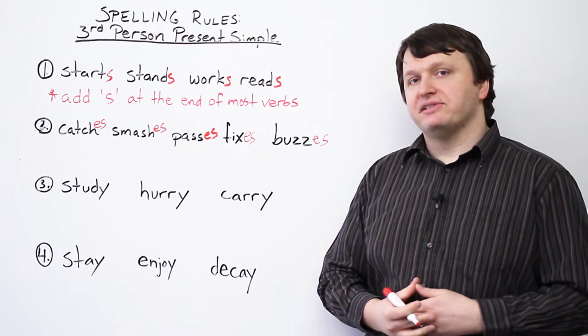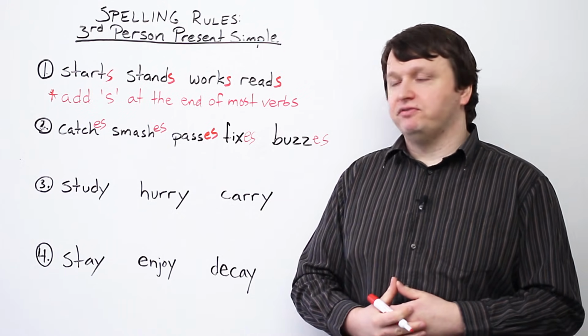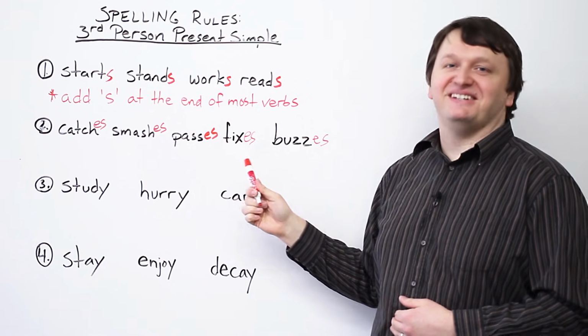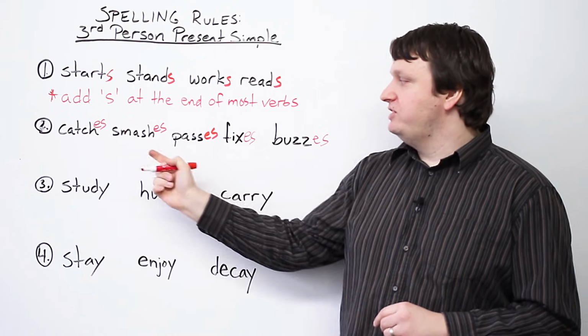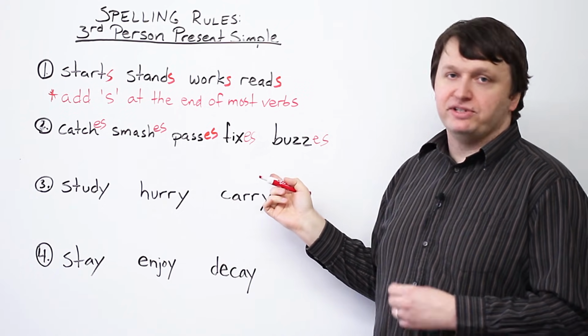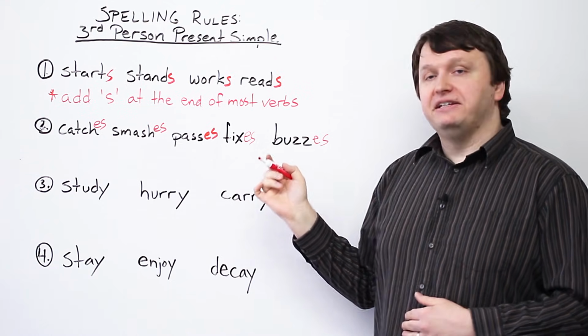So we add ES. So what's the rule here? Well, if you look at the end of each verb, we have ch, sh, s, x, z. Any verb that ends in ch, sh, s, x, or z, depending on if you're British or American, just add ES.